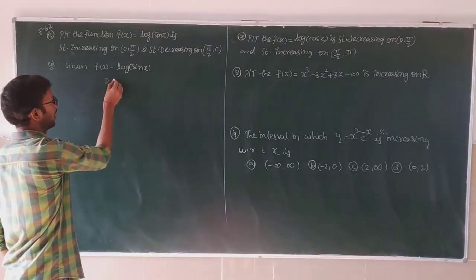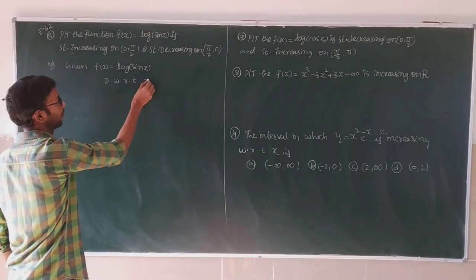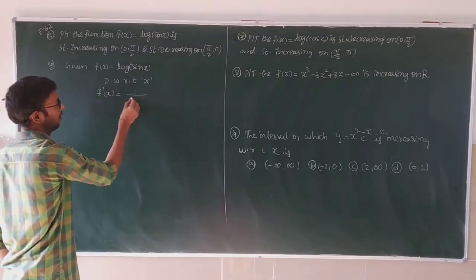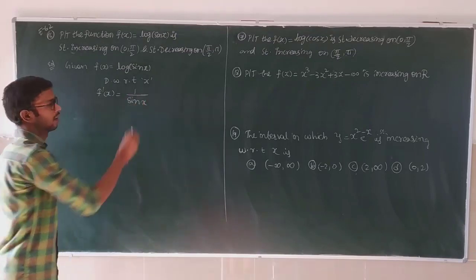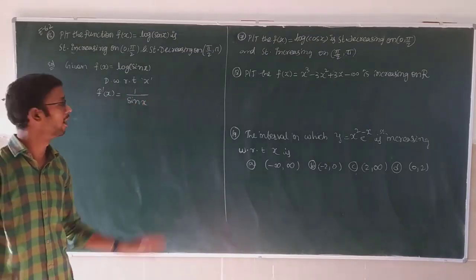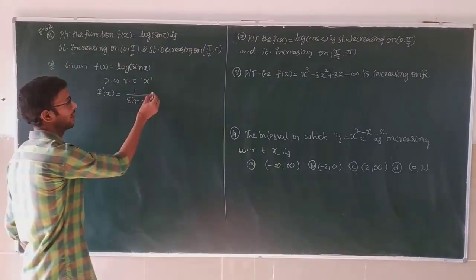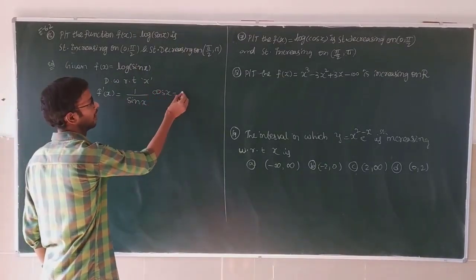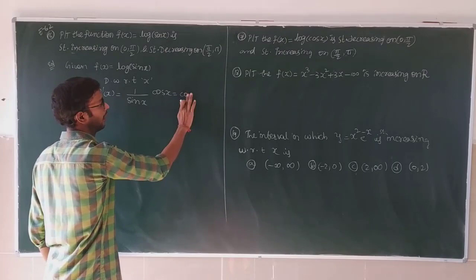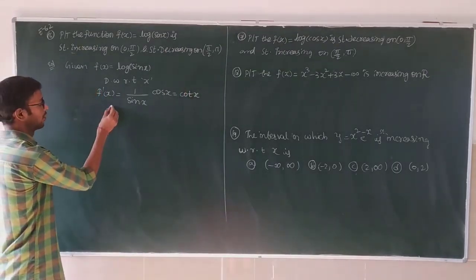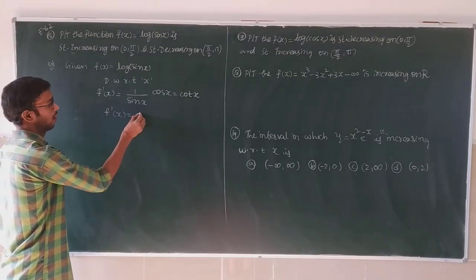For that purpose, differentiate with respect to x: f dash of x is equal to 1 by sin x. Sir, why are you writing 1 by sin x? The derivative of log sin x is 1 by sin x, and the derivative of sin x is cos x. That is cos by sin, which is cot x. So f dash of x is equal to cot x.